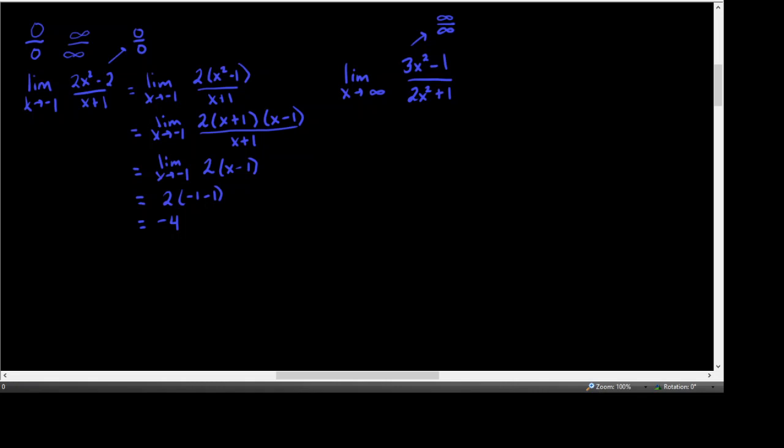And the trick we use for this one, as x goes to infinity, is to find the highest power of x in the denominator, which is x squared, and multiply by 1 in the form of the reciprocal of that highest power of x over itself. And that's the trick we used.